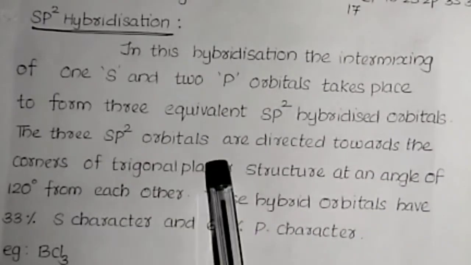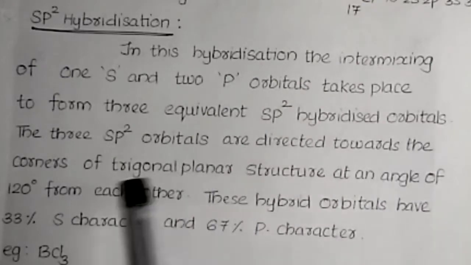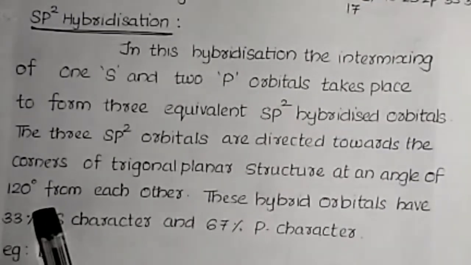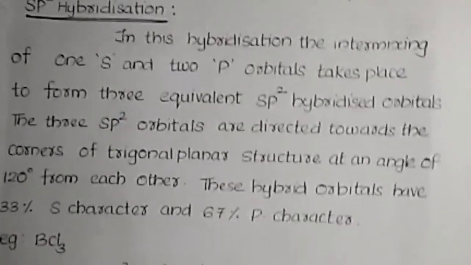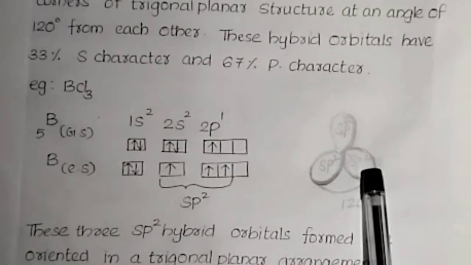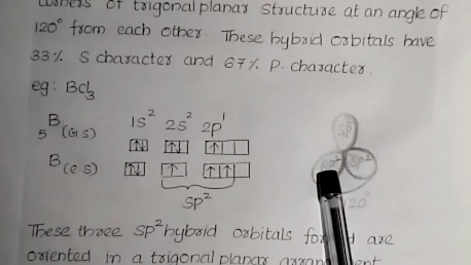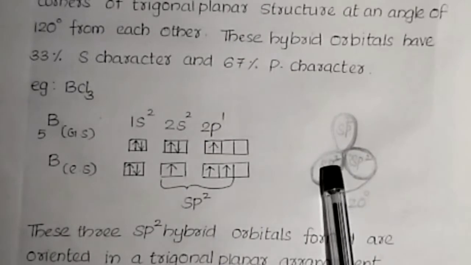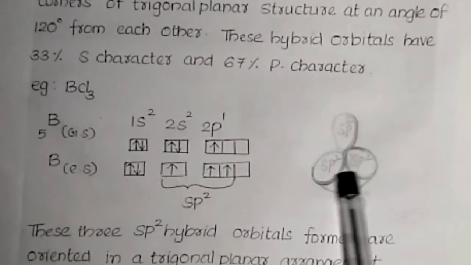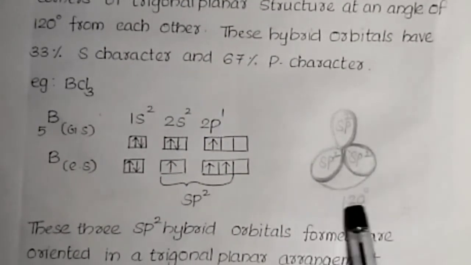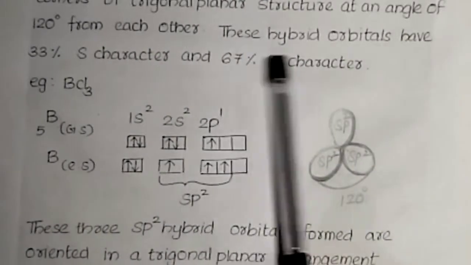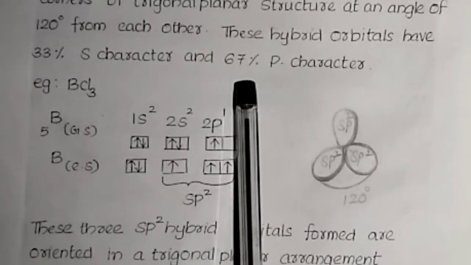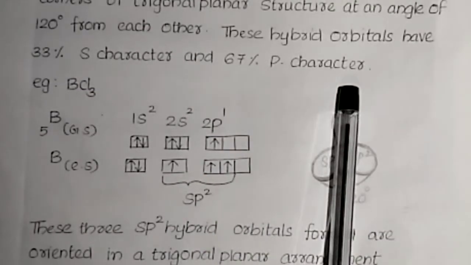The 3 sp2 hybridized orbitals are directed towards the corners of a trigonal planar structure at an angle of 120 degrees from each other. Trigonal planar shape: sp2, sp2, sp2. These hybrid orbitals have 33% s character and 67% p character.